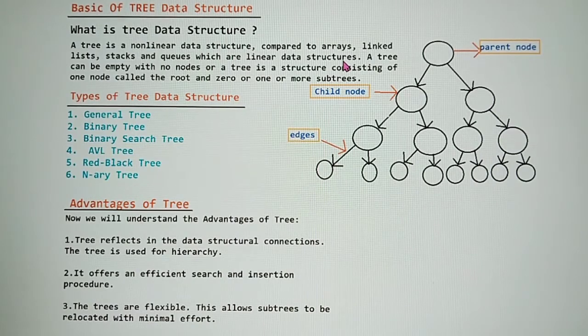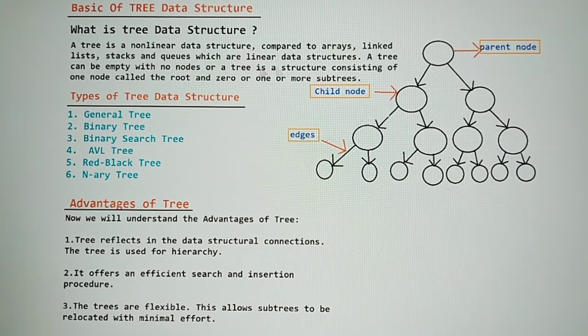In my previous videos I also uploaded videos about stack, queue, linked list and arrays, all of the linear data structures. But the most important thing is that a tree is a non-linear data structure. I will say a little later why a tree is non-linear.